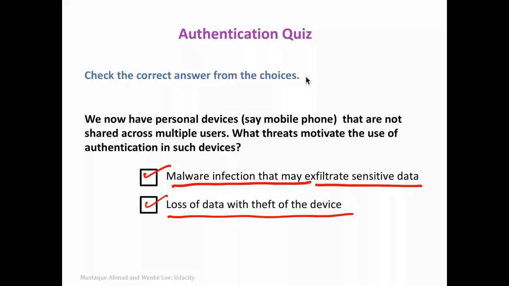Of course, we are not talking about a phone call, but in general, the input to a mobile phone is not only through the screen lock, etc. It can also be through IP that's coming to a number of applications, and then it can infiltrate into your system. So there must be some authentication required even at that level. And then of course loss of data. If you lose your mobile phone, you don't have locks, and data is non-encrypted, then you can lose everything.